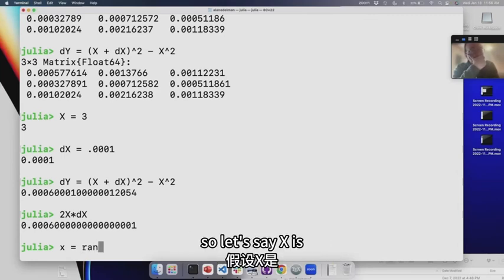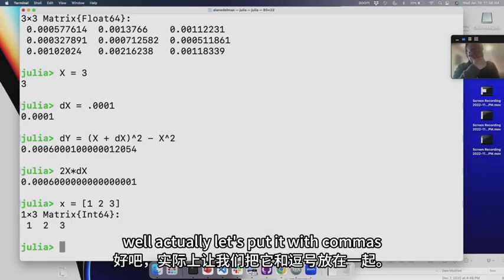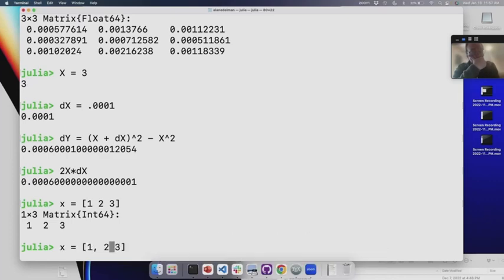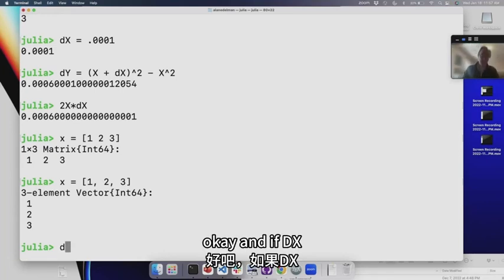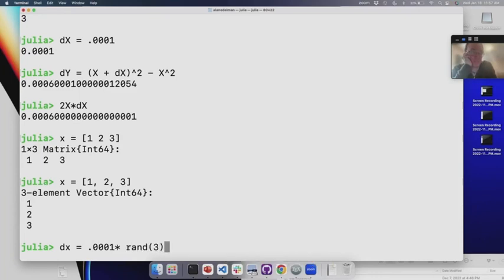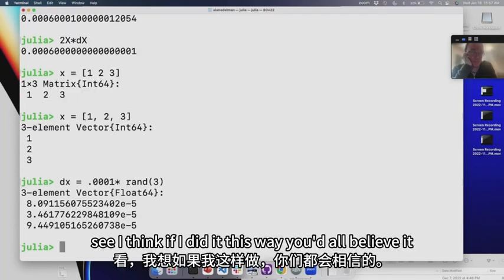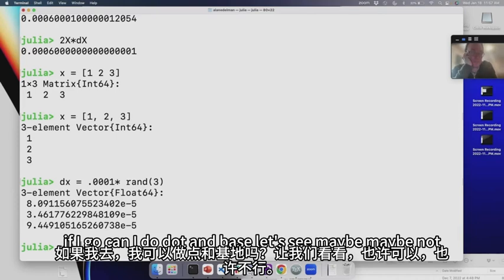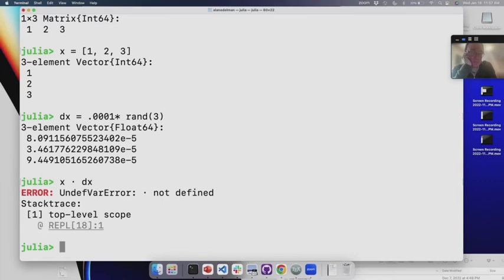Let's say x is 1, 2, 3. Actually, let's put it with commas. And dx is 0.001 times rand of 3. I think if I did it this way, you'd all believe it. Can I do dot here? Not defined.